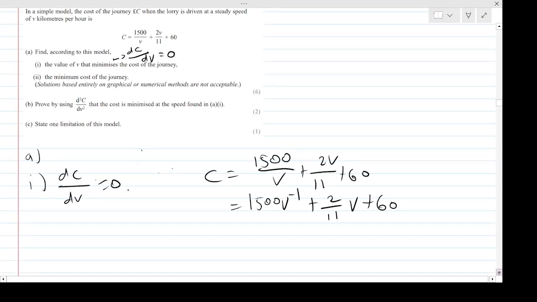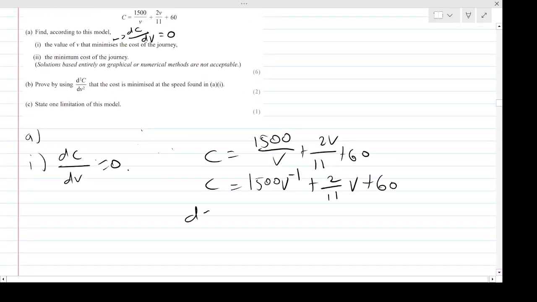So if that is equal to c, then dc/dv, the derivative with respect to the variable v: firstly, 1500v to the minus 1 would be negative 1500v to the minus 2. Add 2 over 11, and then the 60 goes to 0, and that's it.